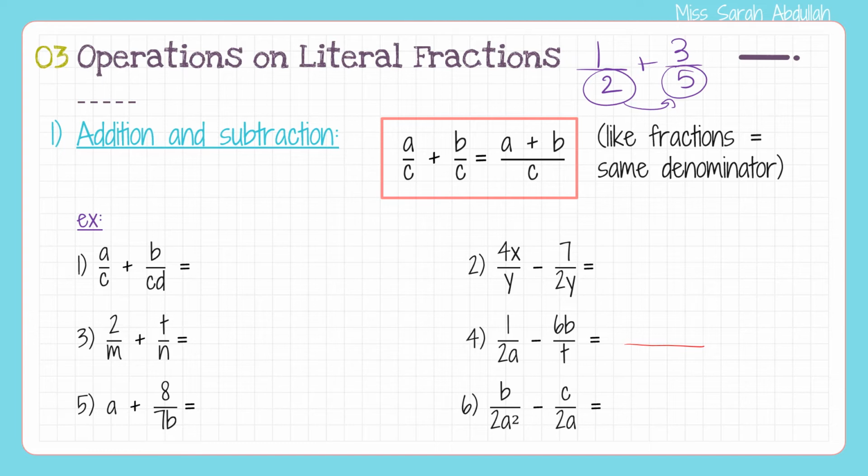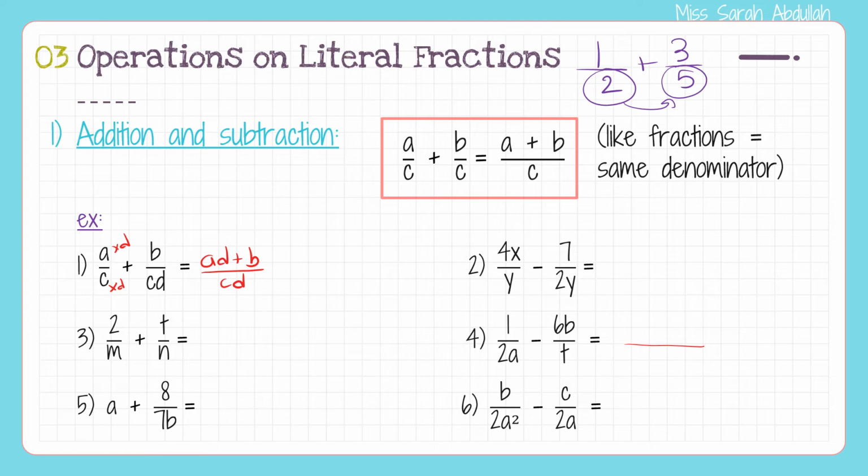Let's take a look at the first one. So we have A over C plus B over CD. So I have C and CD. Can I multiply one of them by something so that it becomes equal to the other? Yes. If I multiply the first one by D, it becomes CD, which is equal to the other CD. All right, so the answer is AD plus B over CD.